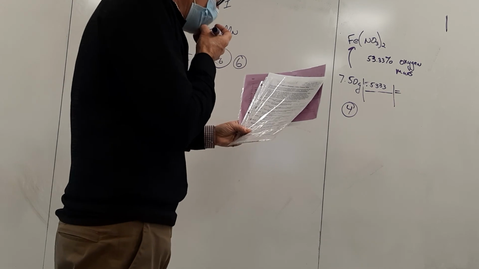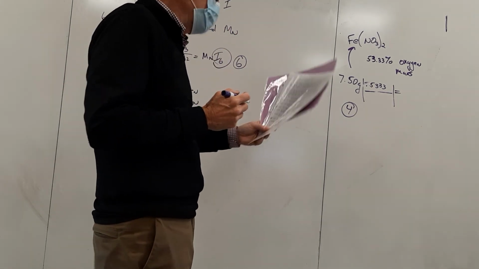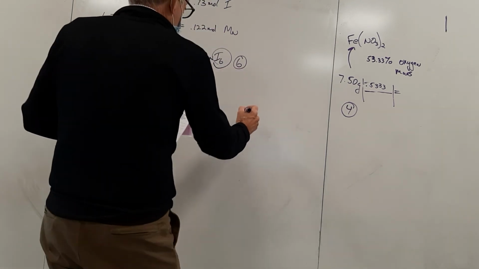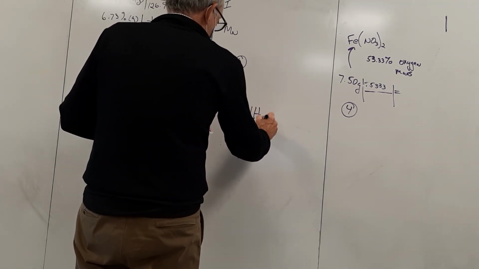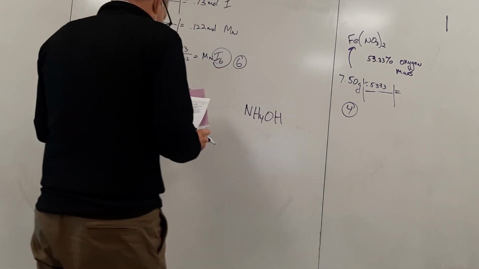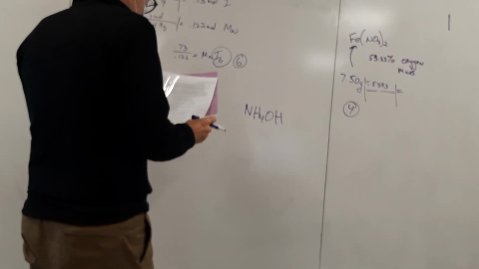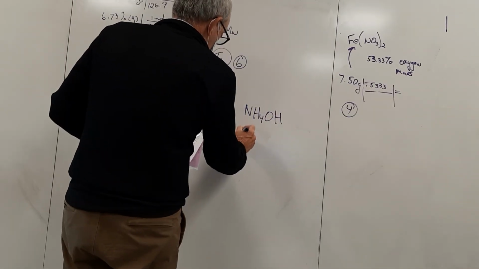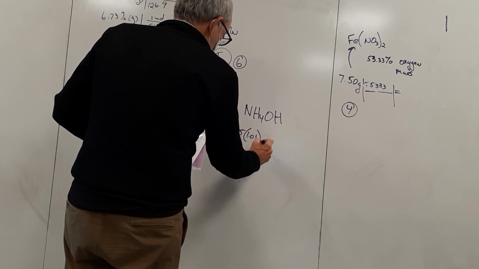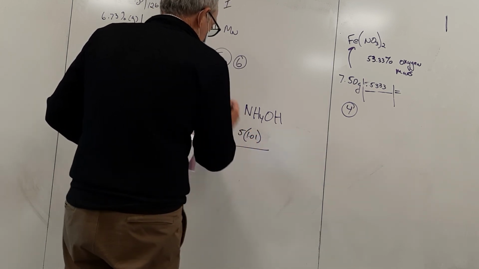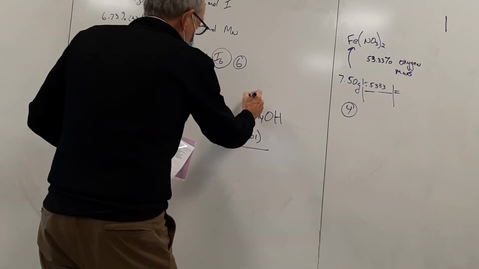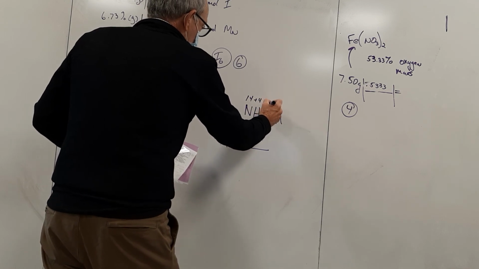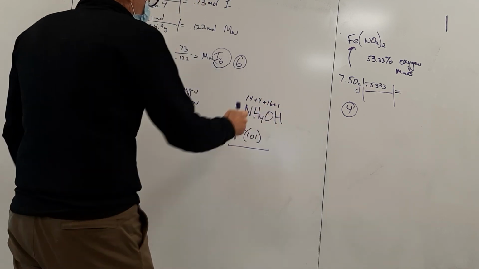Number 9, what is the percent by mass of hydrogen in ammonium hydroxide? You've got to know how to write these. That's going to be NH4OH. Well, I've got 5 hydrogens, so it's going to be 5 times 1.01 divided by the entire mass, which would be 14 plus 1 plus 4, 4 of them, plus 16 plus 1.